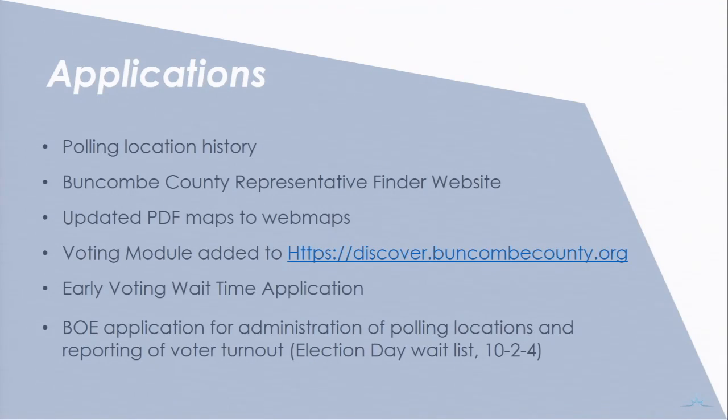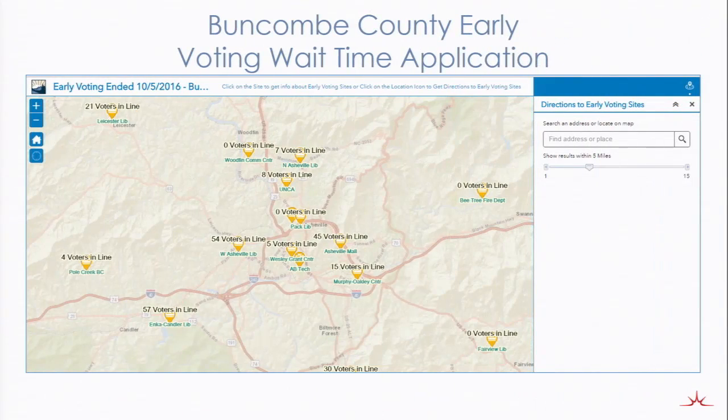Since then, we have added a wait application for Election Day, which no one had done yet, and some voter turnout products as well. I'll show you those later. So that's an overview of our products that we've been working on recently, and Vicki, I'll hand it over to her and she'll show you the first couple of them.